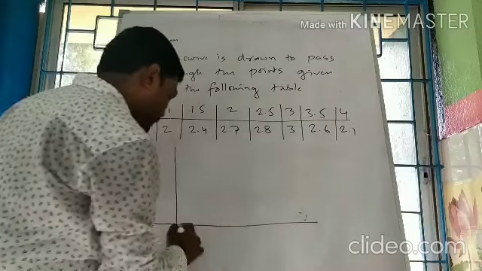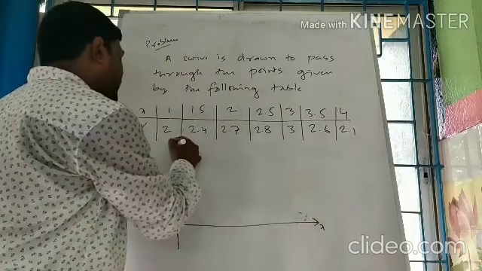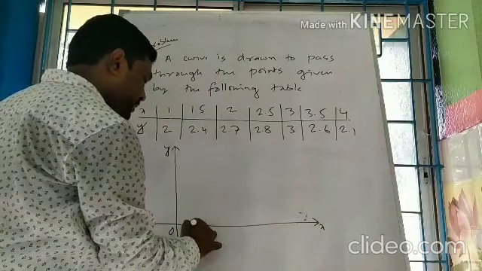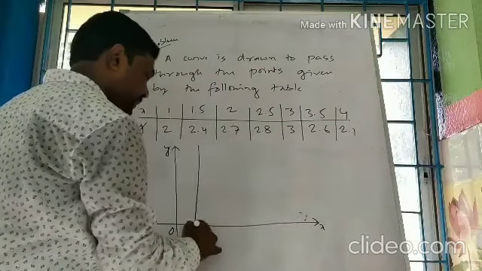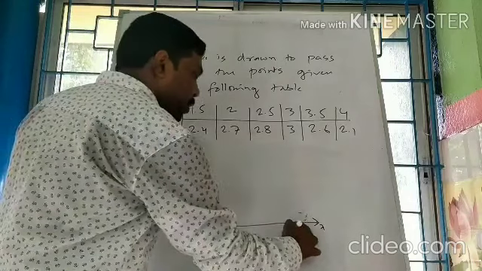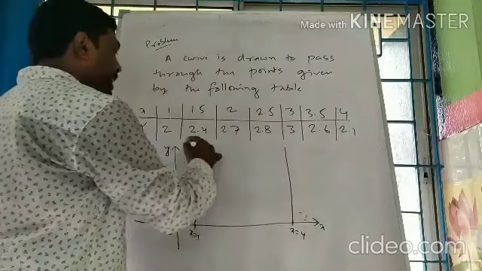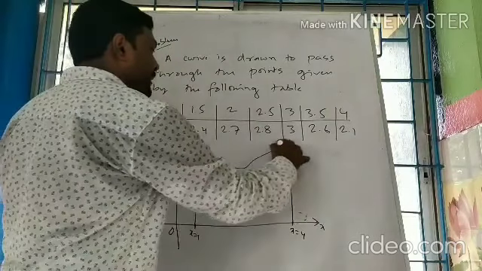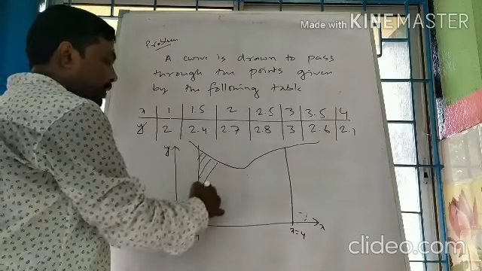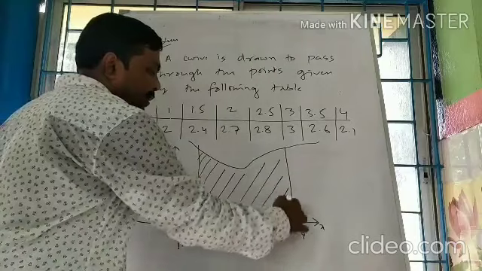Suppose this is the origin, this is the x axis, this is the y axis. This is the straight line x equals 1, this is the straight line x equals 4. Suppose the curve is like that. So we have to find the area of this portion.